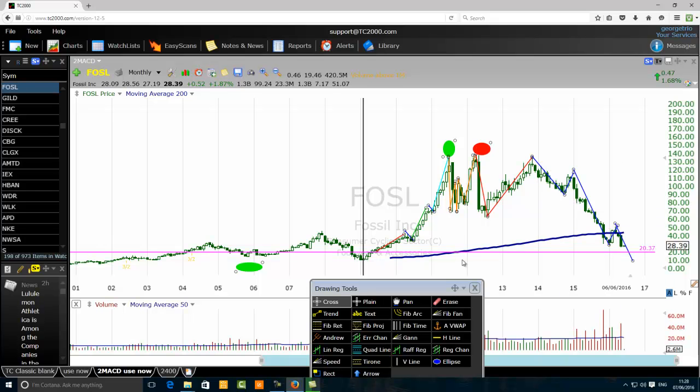But there are times when the flat correction can be a complex flat correction. So the theory, the classroom, looks a little bit different. You go on the internet, you learn about the Elliott wave theory, everybody talking about the same thing and the same thing.